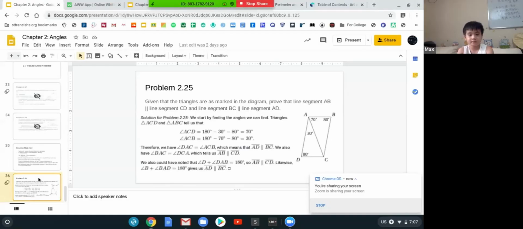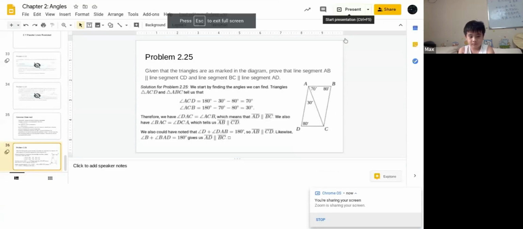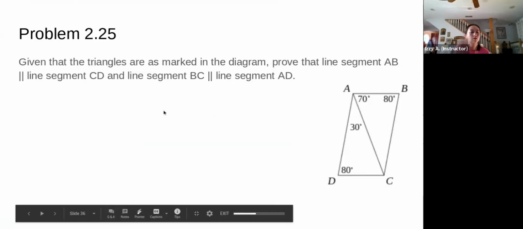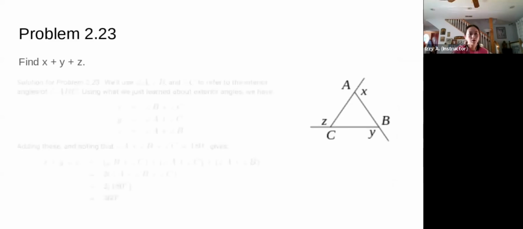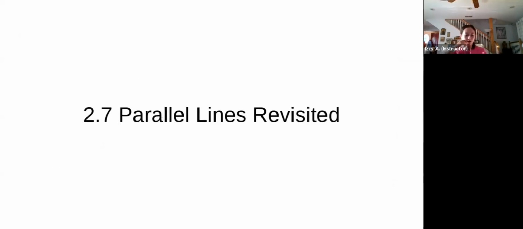Okay, all right. It was this one. Okay, so section 2.7.